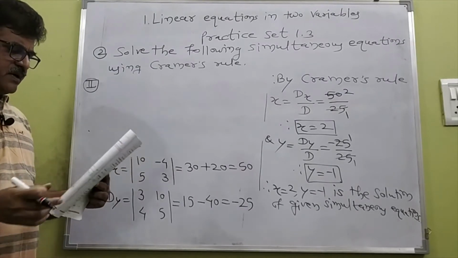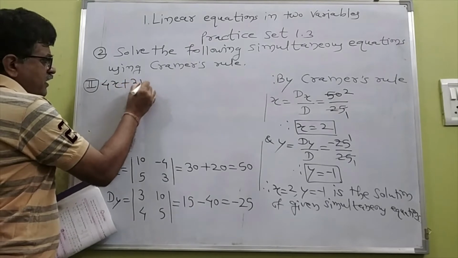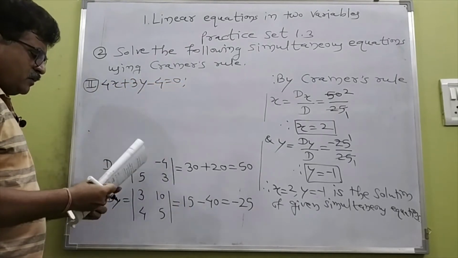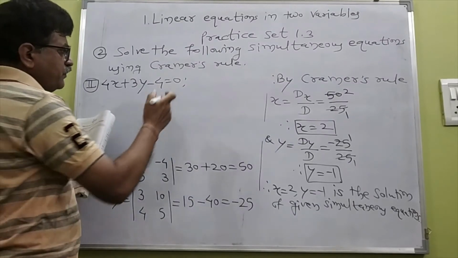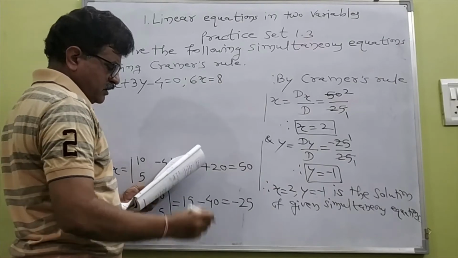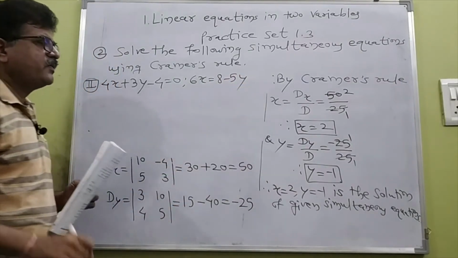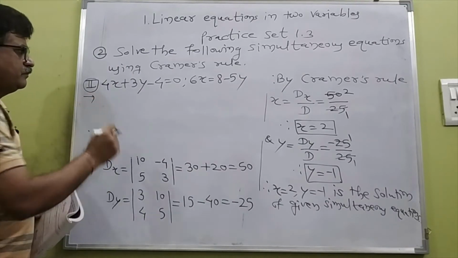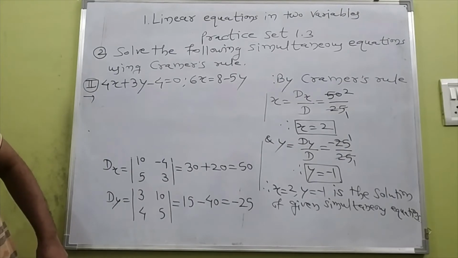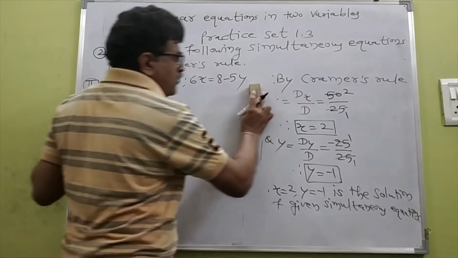4x plus 3y minus 4 is equal to 0, 6x is equal to 8 minus 5y. Now what is first step?